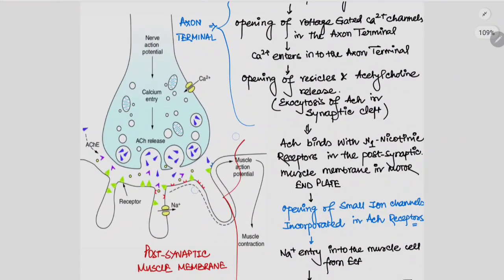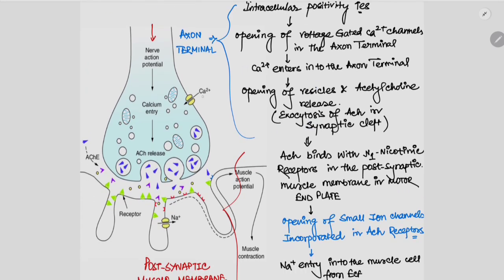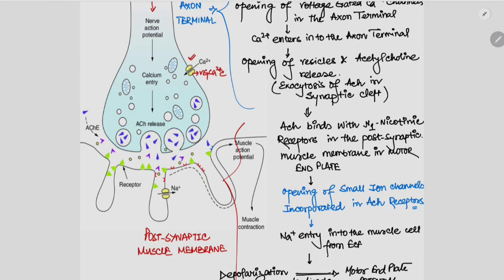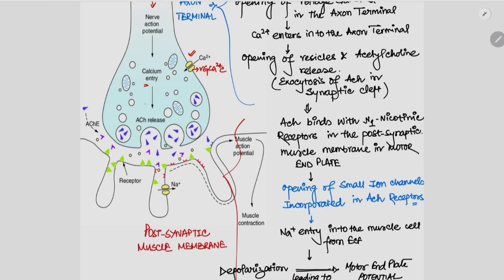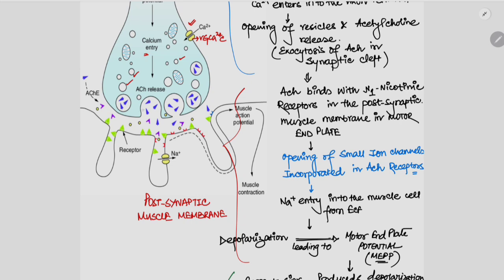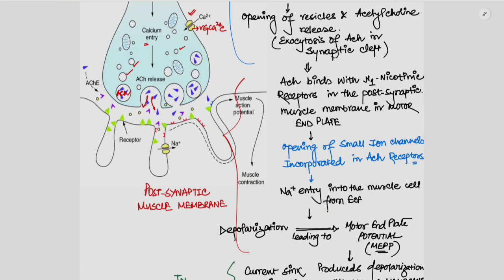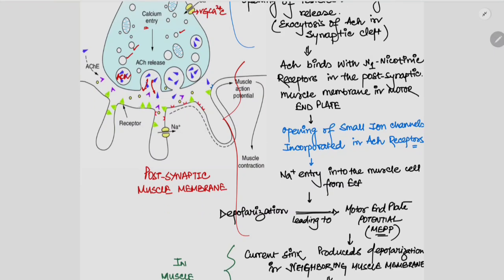So we can clearly see in the image that here the action potential comes, intracellular positivity increases, and calcium enters through the voltage gated calcium channels, right? Calcium enters, and there are some vesicles over here. Calcium helps them to exocytose the neurotransmitter into the synaptic cleft. These are the acetylcholines, right? Acetylcholines are moving out into the synaptic cleft, and there are some receptors also, some are ligand gated sodium channels, and some are voltage gated sodium channels.